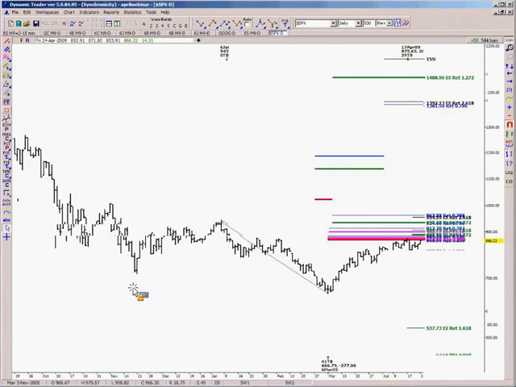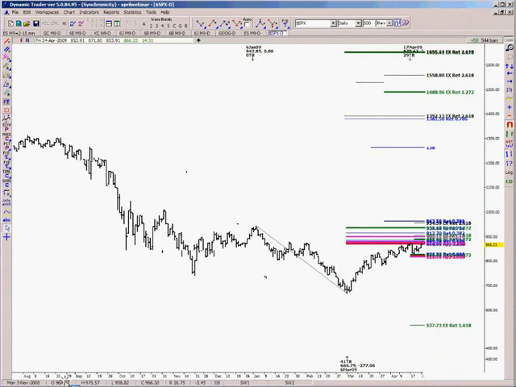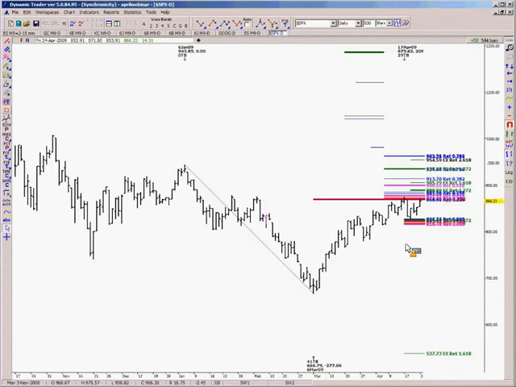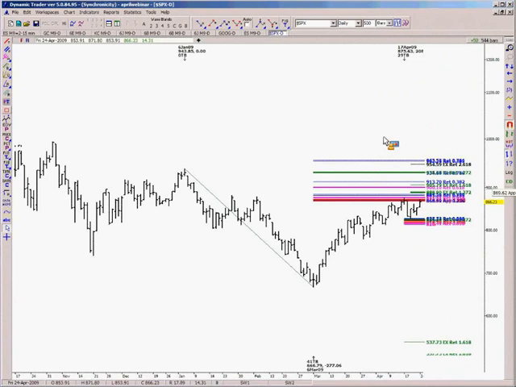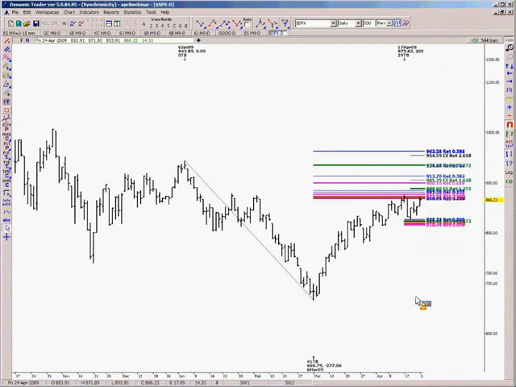If we can take that out, then the potential is for a lot higher prices. If the market was going to fail, this was the time window and the price area that I was watching for a failure. And if we clear it instead, then you have to go with it. Don't get married to an opinion. You have to take it one trade setup at a time.